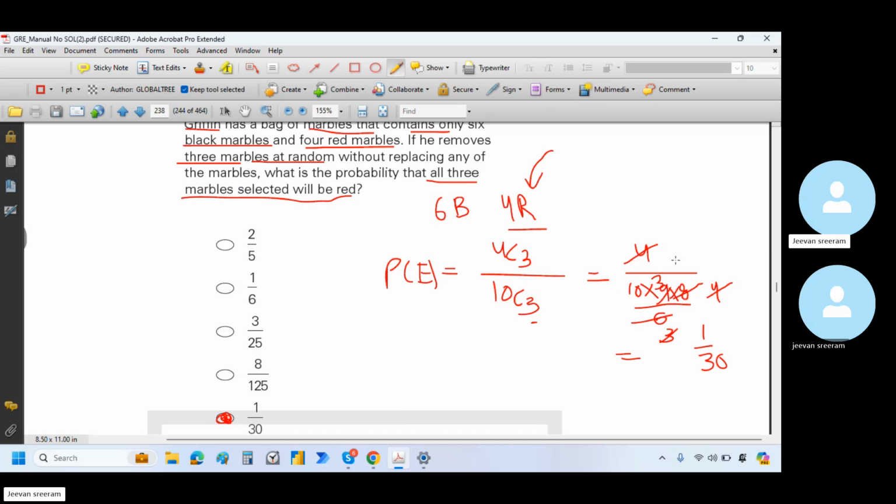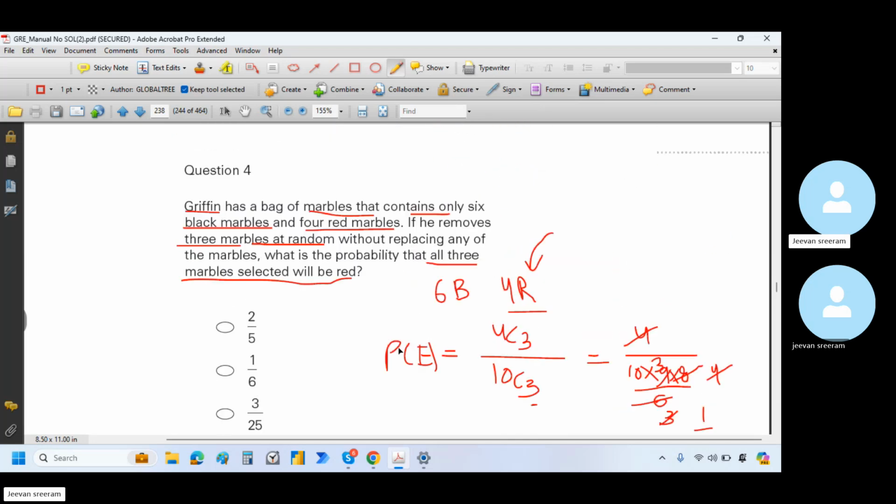We have 10 into 3 in the denominator, and 1 in the numerator: 1 by 30. 10C3 means 10 into 9 into 8 by 1 into 2 into 3. 1 into 2 into 3 is 6, which was written in the denominator. Okay, it's so easy.